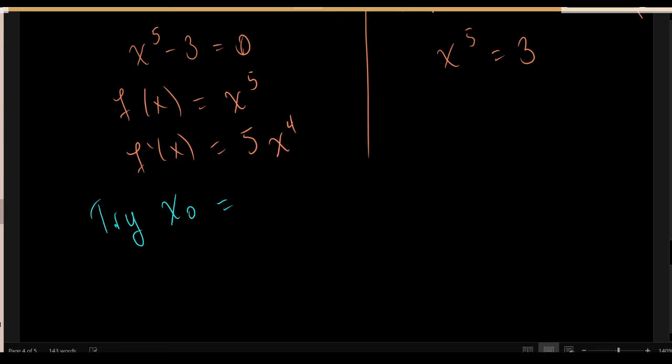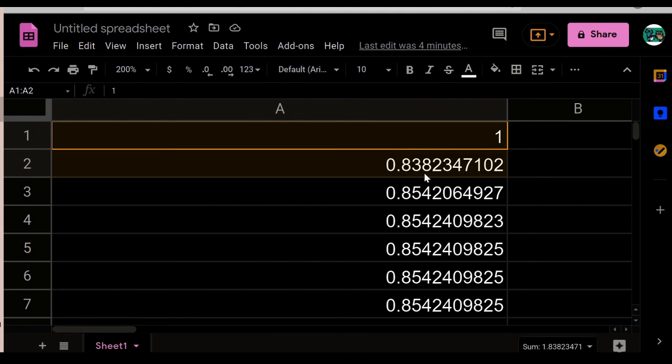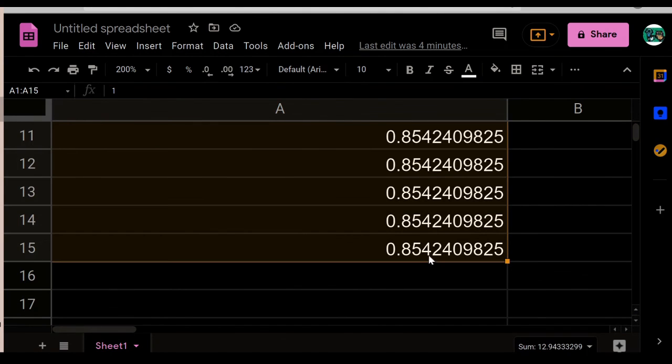So in order to avoid that, in this problem, I'll try maybe an initial guess of 1. So either you can go to your TI-84 if you watched that tutorial video, or you can join me here on Google Sheets. If using Google Sheets, be careful to clean everything out from the previous problem.